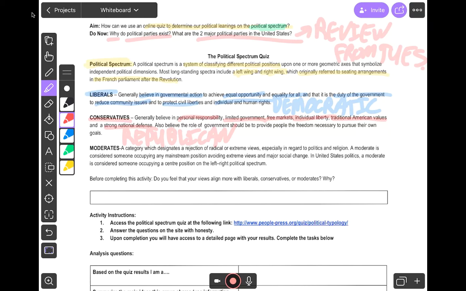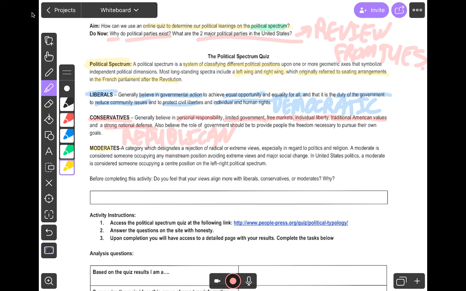Then you have moderates, and these are the people who are in the middle. Moderate is a category which designates rejection of radical or extreme views, and it's someone who takes up a central position.